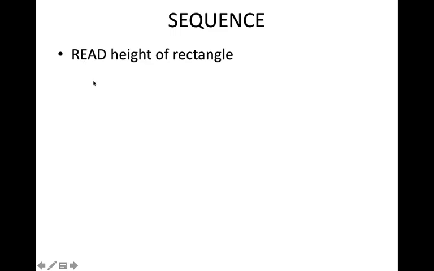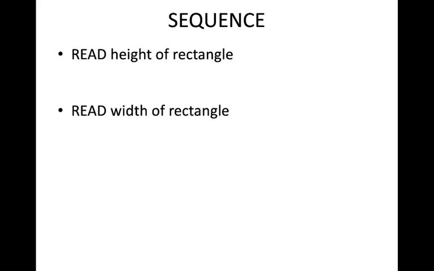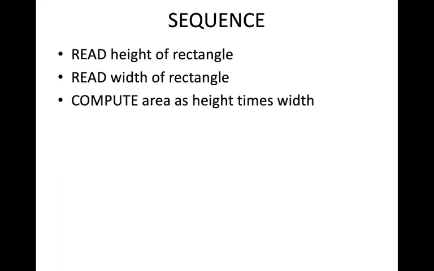Usually all these constructs will be in capital letters, so that it is easier to distinguish them from other words in the pseudocode. So READ is a sequence construct. This is an example: read height of a rectangle, which means you have to read some height value of a rectangle, or read width of a rectangle. Then you can compute area as height times width.